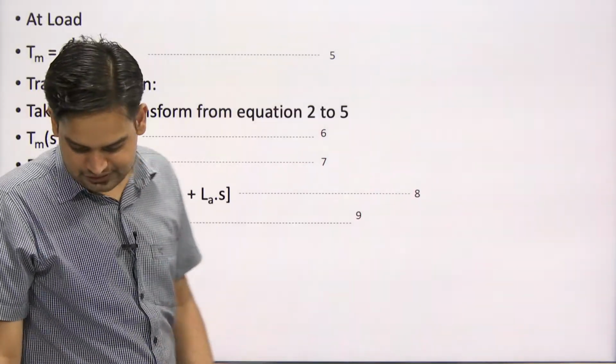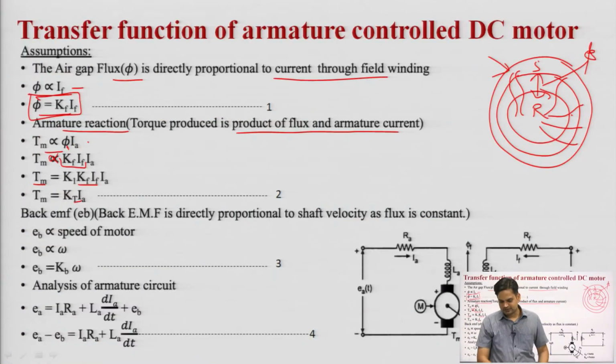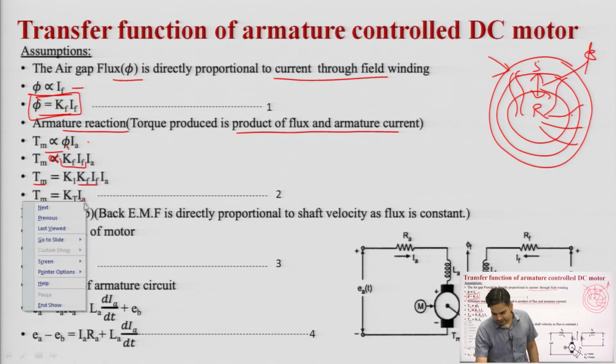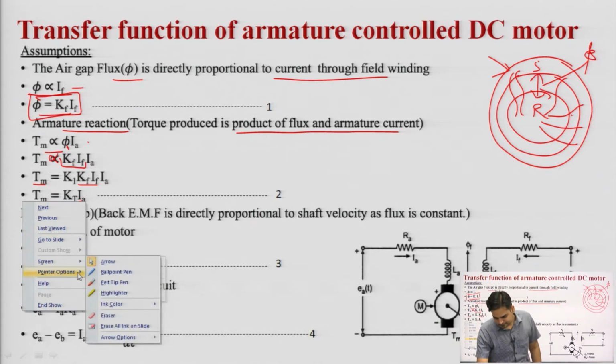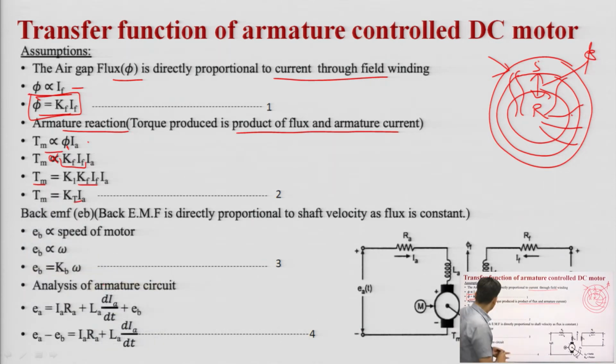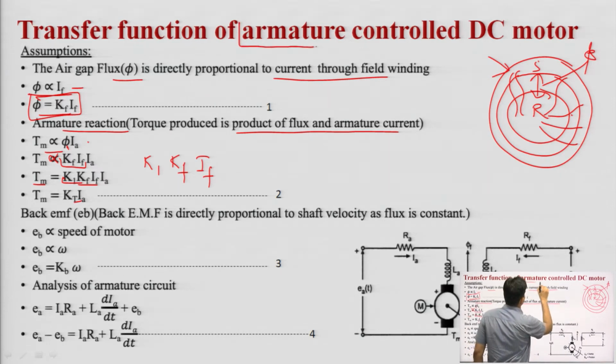So, what is K t I a? This is the constant term. You can see here that K 1 is constant, K f is constant and I f is constant. Why is I f constant? Because we are talking about armature control.